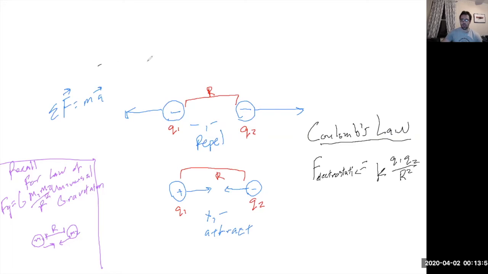And with gravitation, I'm just going to remind us, g equals 6.67 times 10 to the negative 11 Newton meters squared over kilogram squared. That's the unit. And we want to know why. Well, this is actually a really small number.